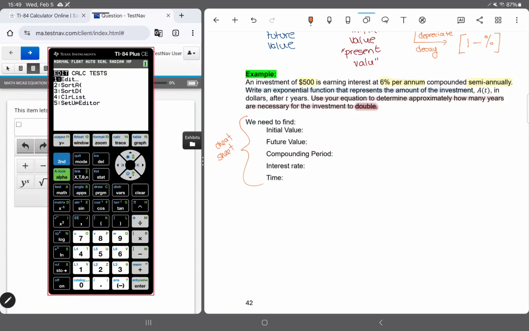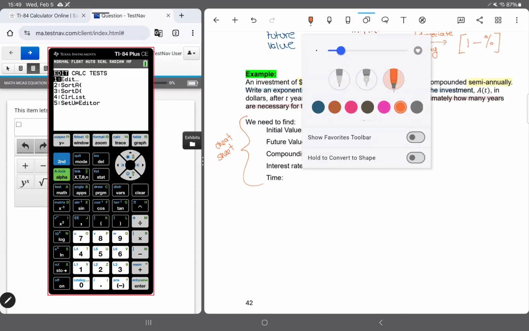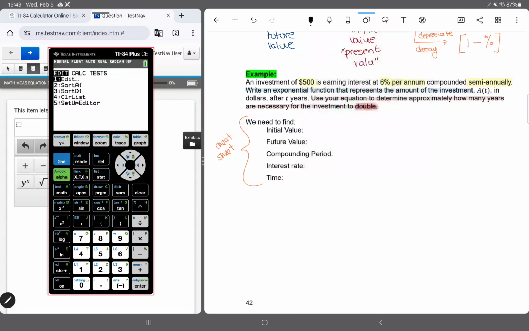All right. So first part, we're going to fill in our cheat sheet. So the initial value, my initial investment, well, that was the $500. Future value, well, they want us to double. So I have to double my $500, which means I need to get $1,000.